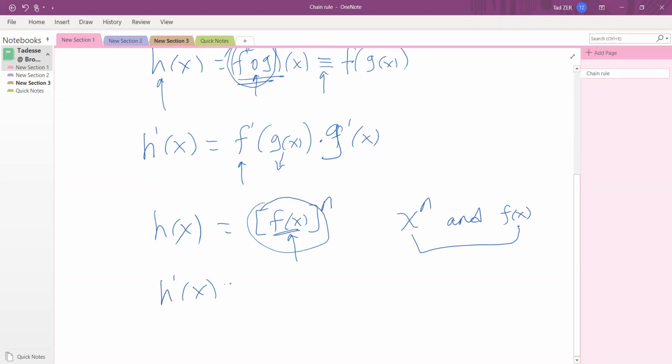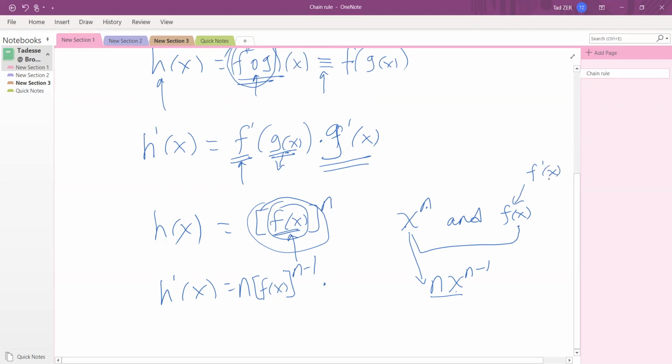So what does the chain rule say the derivative becomes? The derivative of the outer, which is x to the n. From the power rule, the derivative of x to the n is n x to the n minus 1. Then you evaluate with respect to the inner function, f of x, so it becomes n times f of x to the power of n minus 1, times the derivative of the inner, which is f prime.